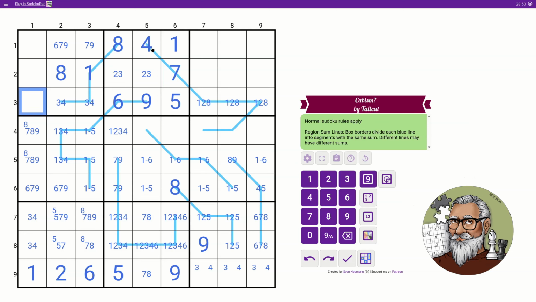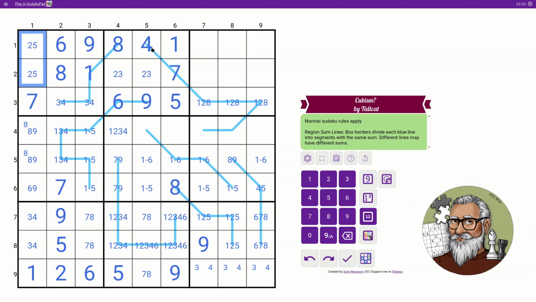And here we're still missing a 7, which hopefully makes sense. It seems like it. 2, 5.